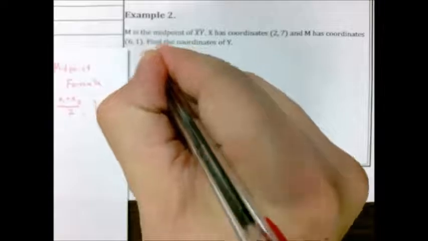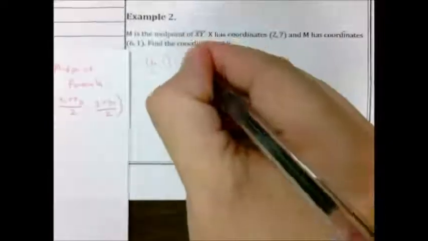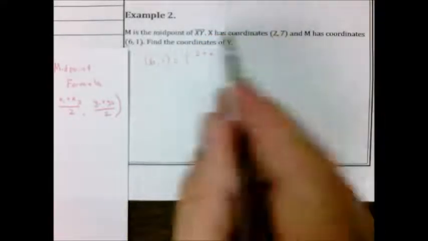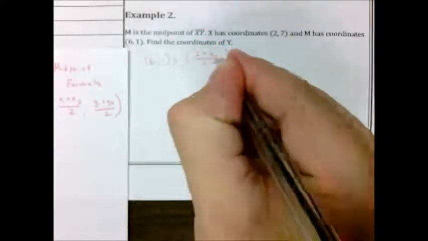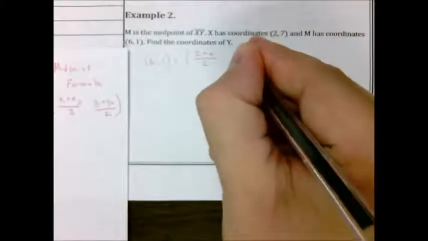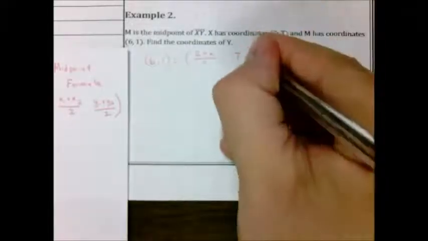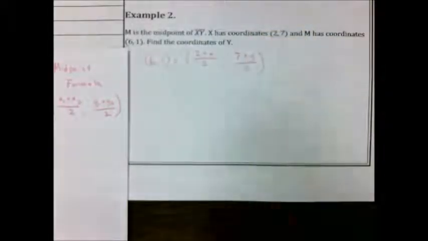So let's go ahead and set this up. We know that M, the midpoint, which is 6, 1, is going to equal 2 plus x, where 2 is the x value of coordinate X, divided by 2, and 7, which is the y value of X, plus y divided by 2.